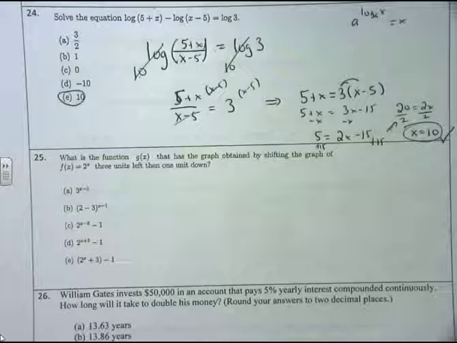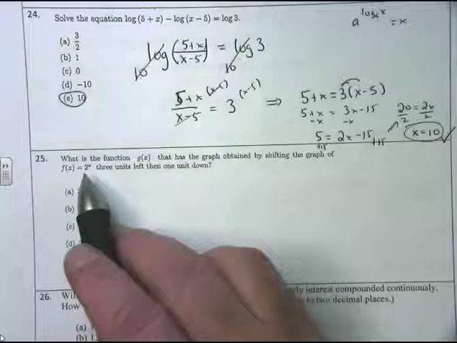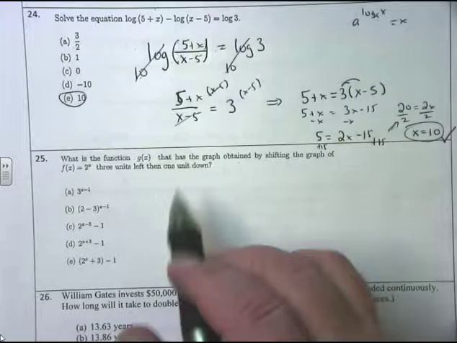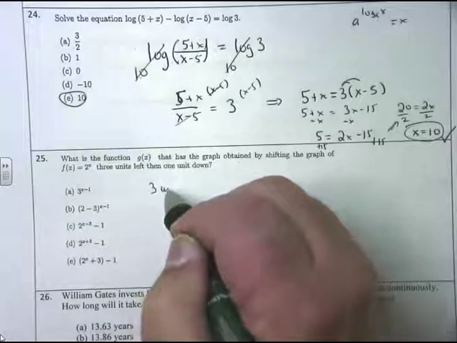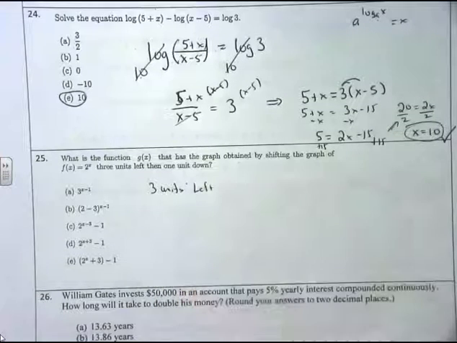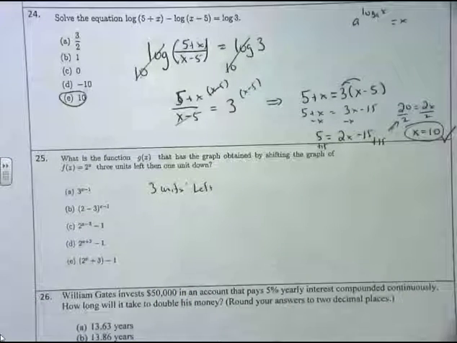What is the function g of x obtained by shifting the graph of f of x equals 2 to the x, an exponential graph, 3 units left and 1 unit down. 3 units left. Now remember your systems of shifting, stretching, and reflecting.